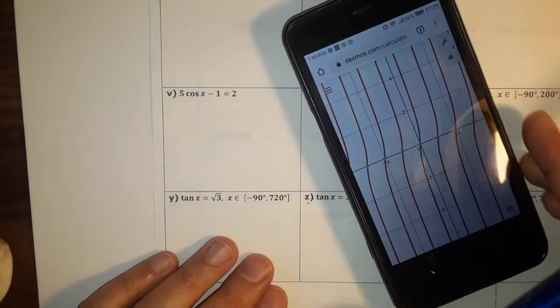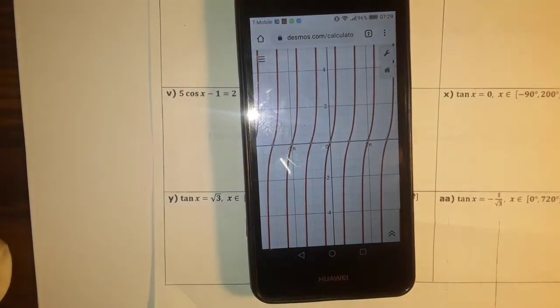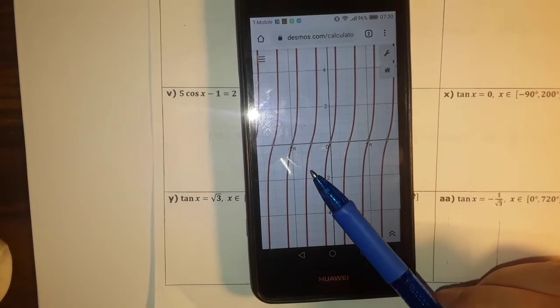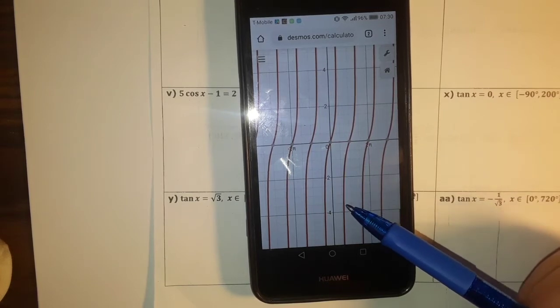This is what the graph of the tangent looks like, and as you can see, the tangent is very different from the sine and the cosine. The sine and the cosine look like waves, while the tangent does not.